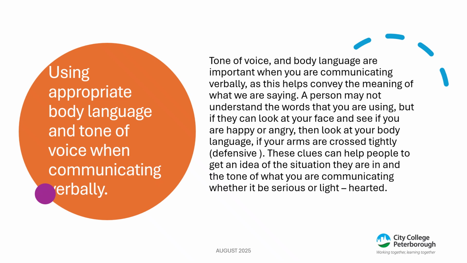Then look at their body language. If your arms are crossed tightly, very defensive. These clues can help people to get an idea of the situation they are in and the tone of what you are communicating, whether it be serious or light-hearted.